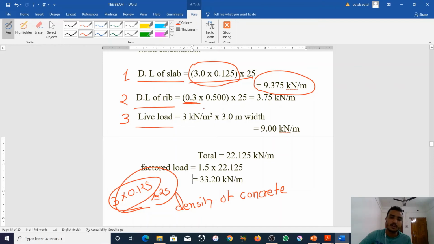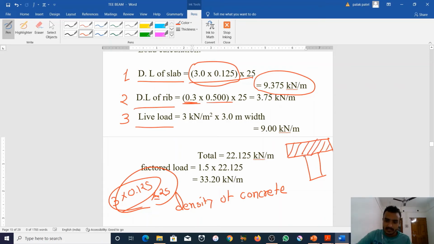0.3 is the width of web and 0.5 is the overall depth of beam. So in this case you can see it's your T-beam. Dead load of slab means this dead load is calculated.